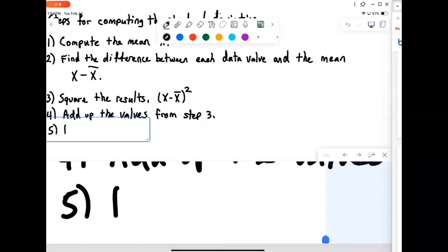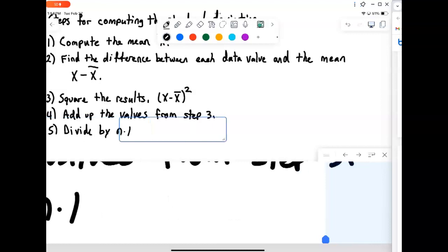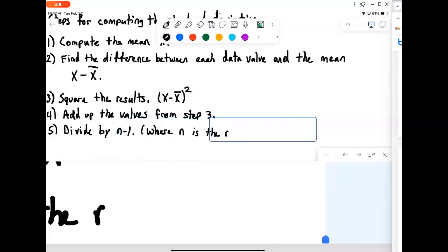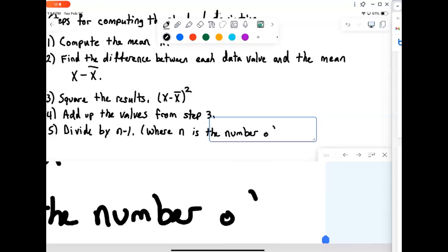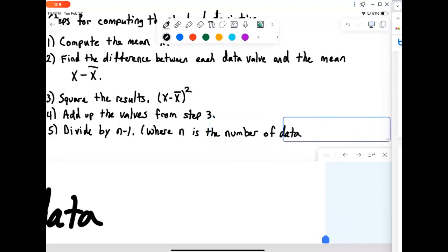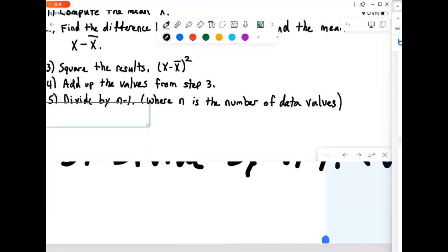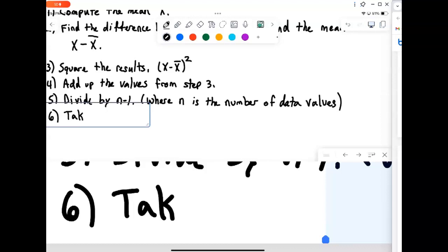Step 5, we take that answer and we divide by n minus 1, where n is the number of data values. Okay, and then one final step, we undo the squaring that we did earlier by taking the square root.